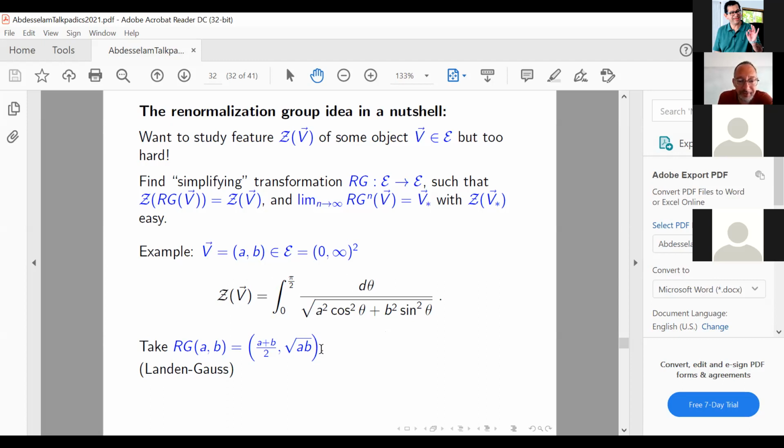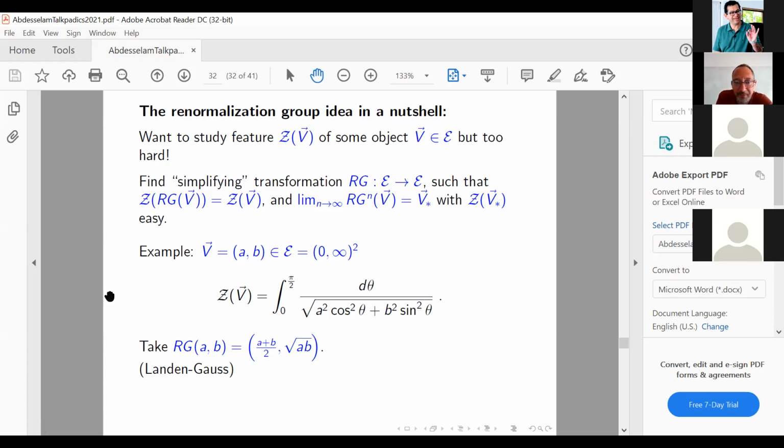Gauss tells you just repeat: take the original pair A, B, compute the arithmetic and geometric means, and repeat. As you do that, you will converge to a fixed point where both of these are equal. And when A is equal to B, of course, this is trivial to compute. And this transformation, in fact, was found by Landen before.